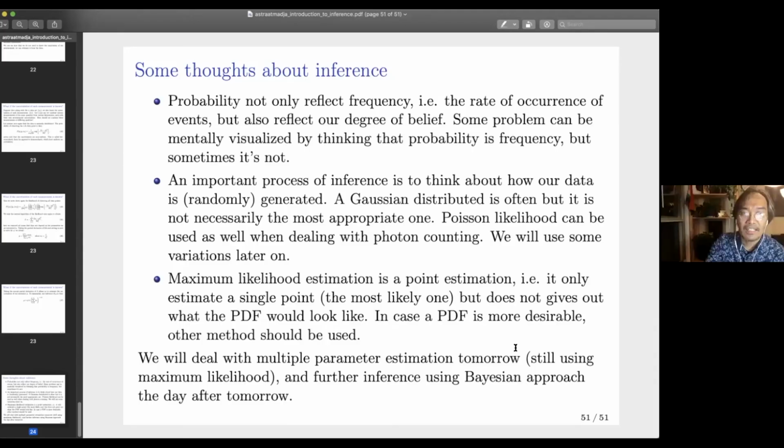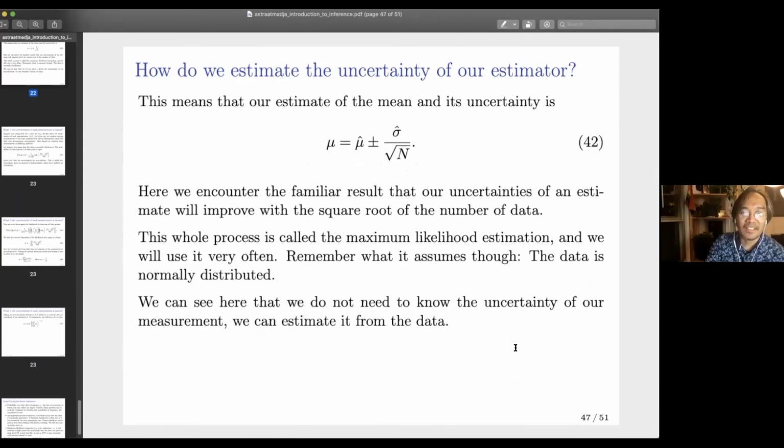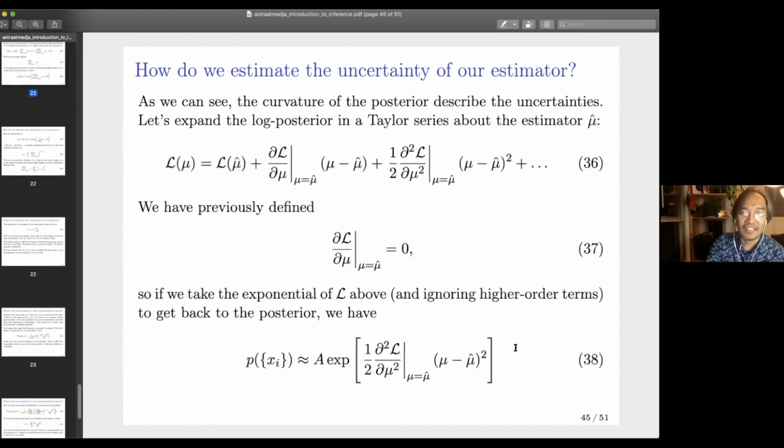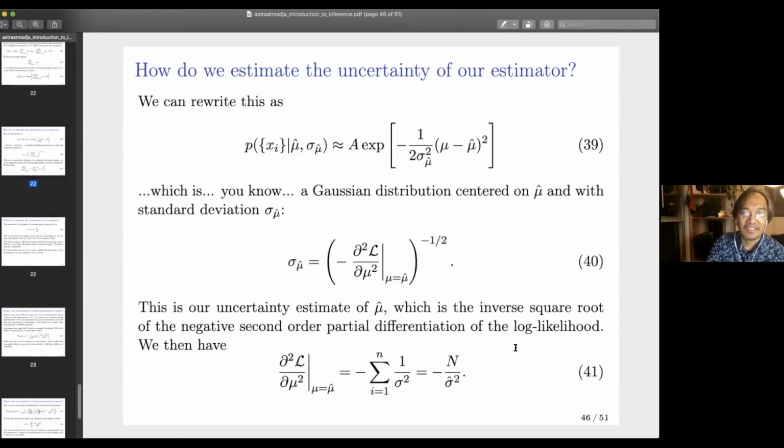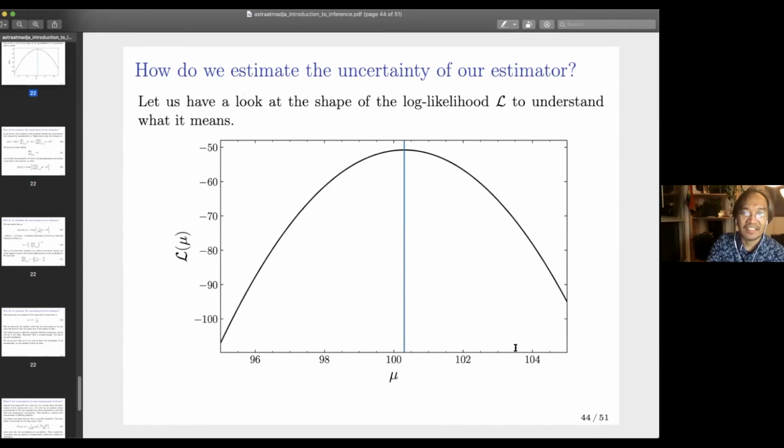Yeah. Because of the way we derive it, we use the true mean. If you look at the slides, I still have it here. Hang on. Yeah, the main reason is, where is it? Here.